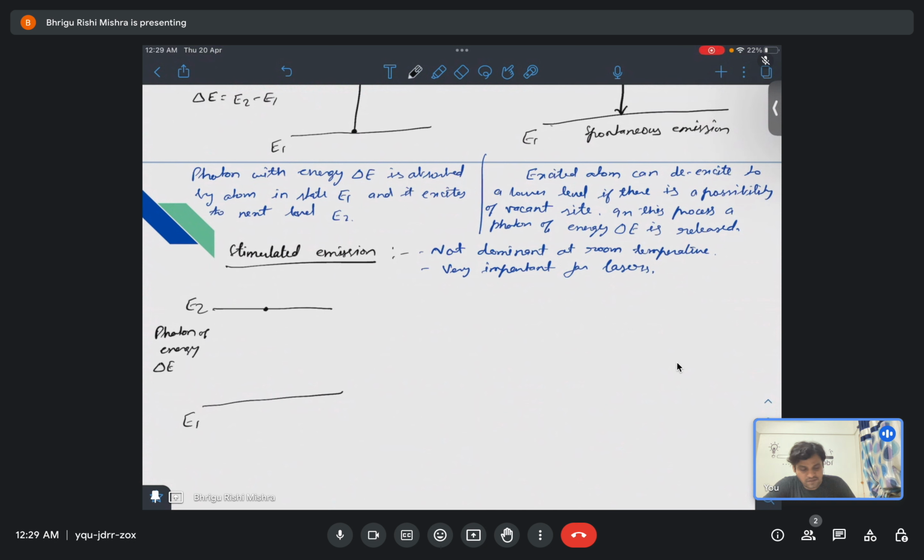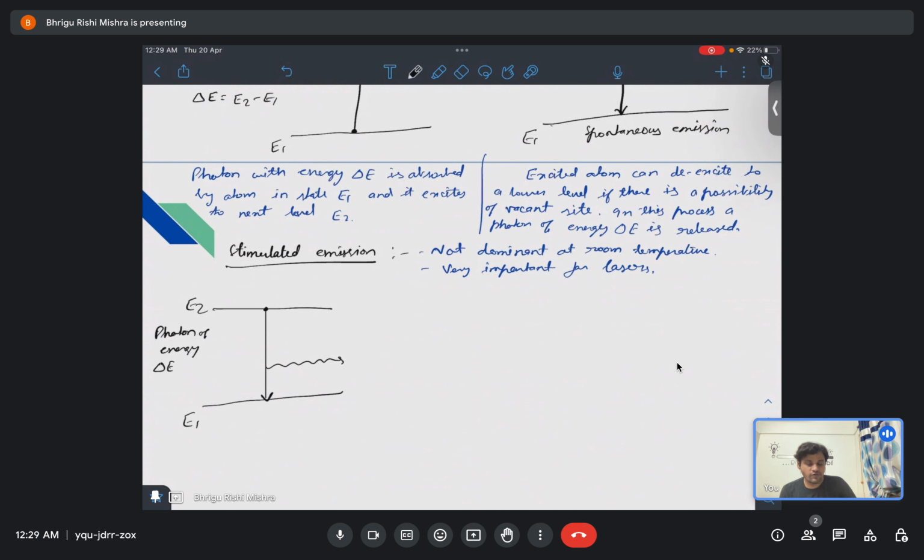This photon excites the atom at level E2 without getting absorbed by it. This causes the atom to de-excite itself and go to level E1, releasing a photon of the same energy.